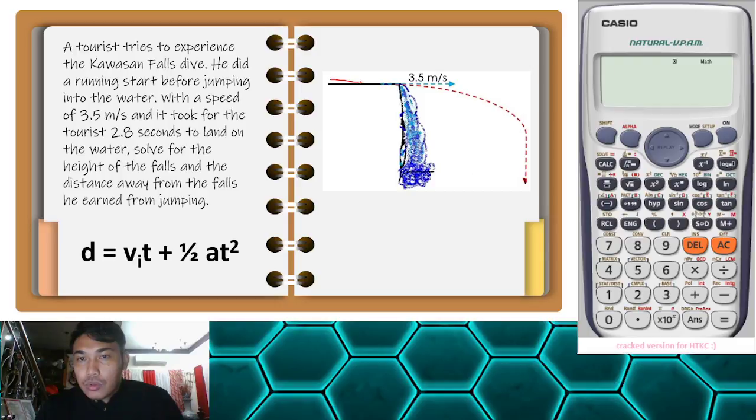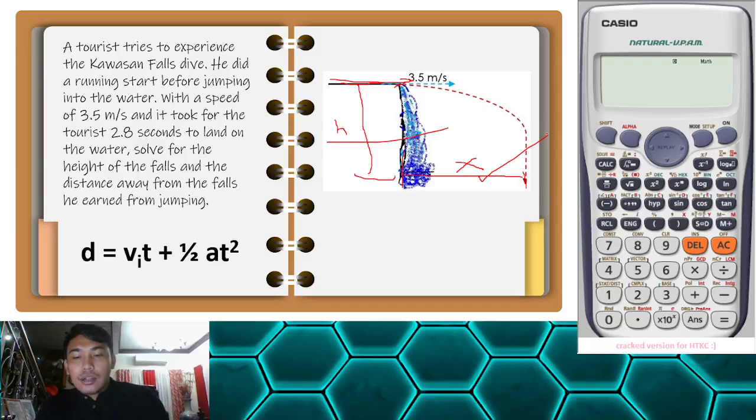Okay, so this is the representation. The tourist runs at 3.5 meters per second, and we will be computing the distance from here to here and also the height from here down here. Okay, so that is what we're going to solve, the height and the distance.